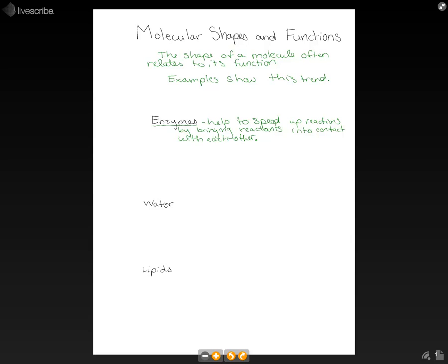So generally the way we look at this is that there's a substrate and the substrate fits into an active site on our enzyme. So if we just pretend we have an enzyme, it has a square hole over here and an air over here. We might have our reactants having shapes that fit into there.